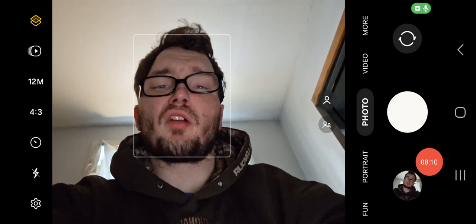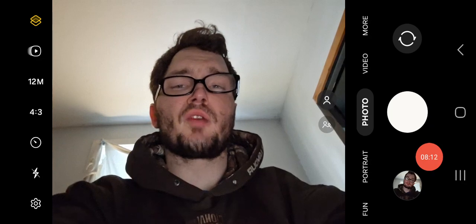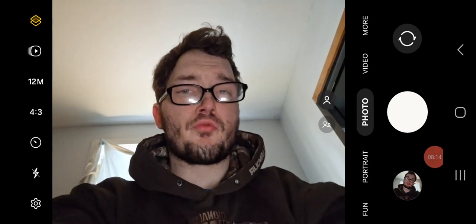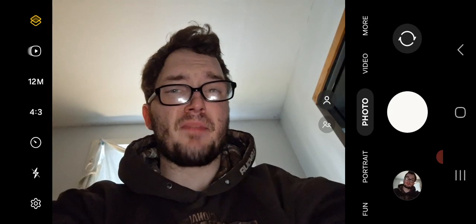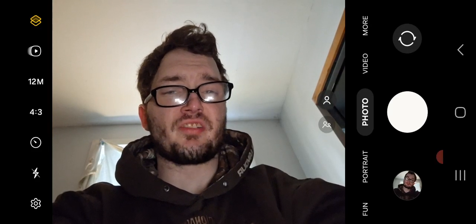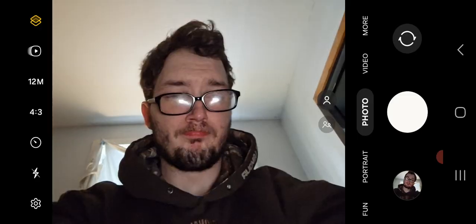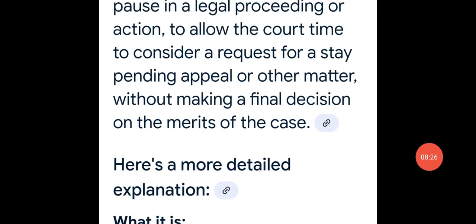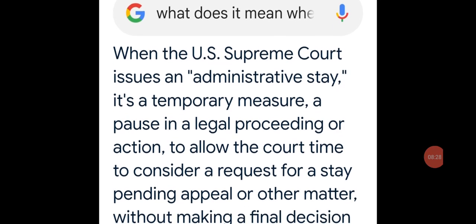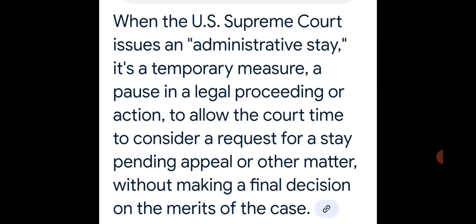Ladies and gentlemen, we're about to get into what an administrative stay means when the United States Supreme Court issues one. When the United States Supreme Court issues an administrative stay, it's a temporary measure.